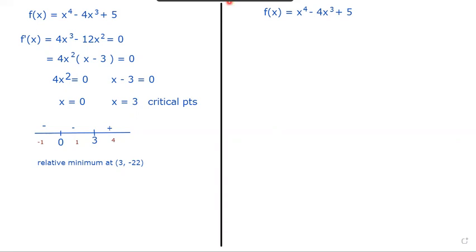Now, let's use this one. So now we want to use the second derivative test. We're still going to have to find our critical numbers, which we already know. We've already done the work to know our critical points are going to be 0 and 3.